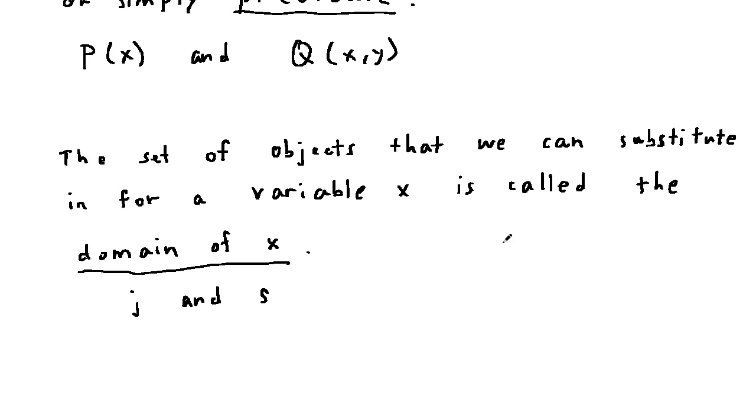Now we can stipulate that the domain of x is the set of all people. Further, let's assume that John is tall and Sue is short. Then P of J is true and P of S is false.